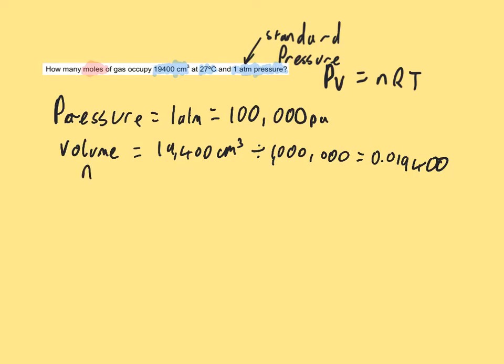N, or moles in this case, is our X. Our R, which is our gas constant. I'm just going to write GS for gas constant from now on, because I don't have to keep writing it out constantly. Which is 8.31 joules per Kelvin mole.